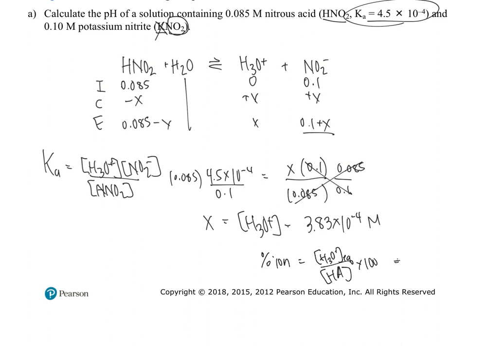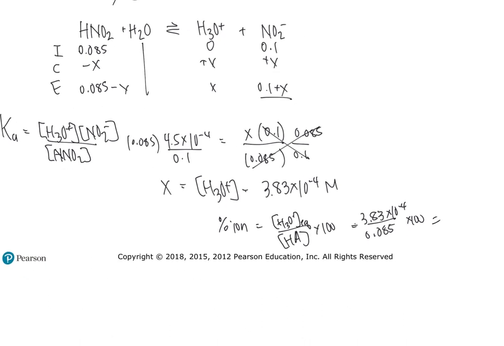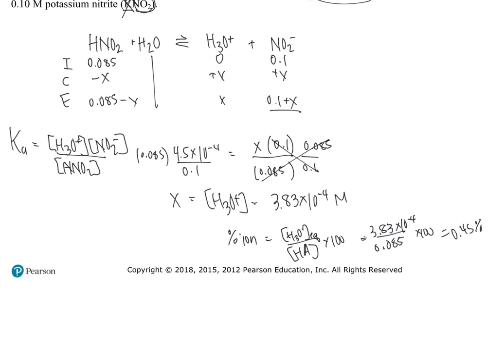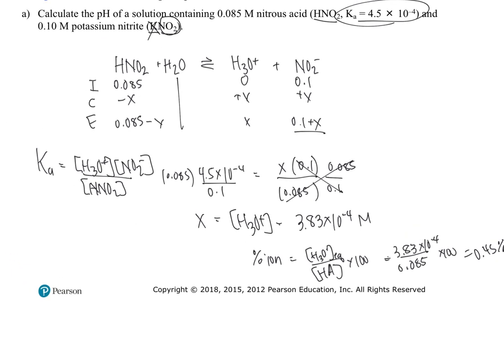So I'll take that 3.83 times 10 to the negative 4, divide by 0.085 times 100, and I get 0.45%, so really low. So that was okay to make that approximation.